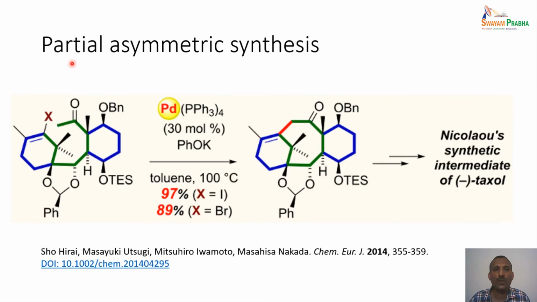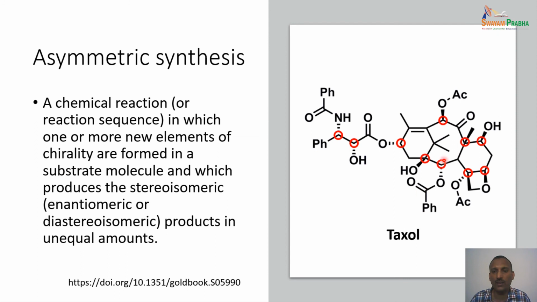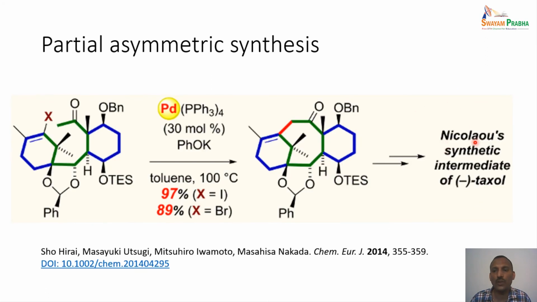Now, let us look at what is the partial asymmetric synthesis. The previous compound, Taxol, is formed by the total asymmetric synthesis. Nicolaou was the first person to report its synthesis, and this compound is the most famous one in his paper.